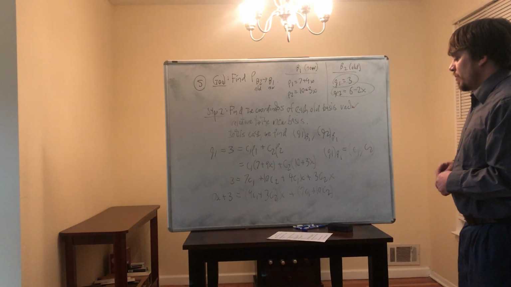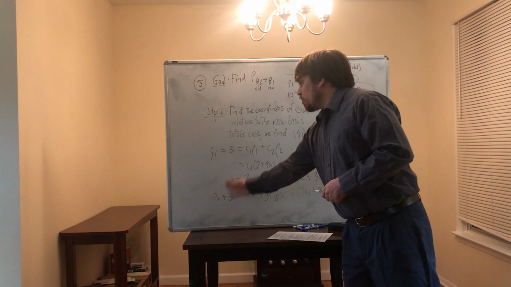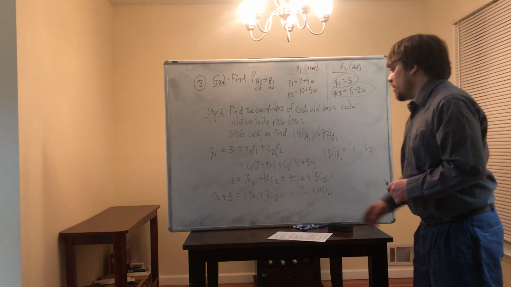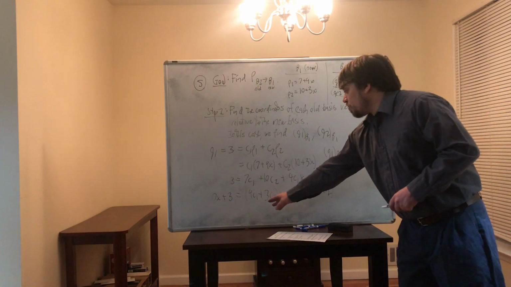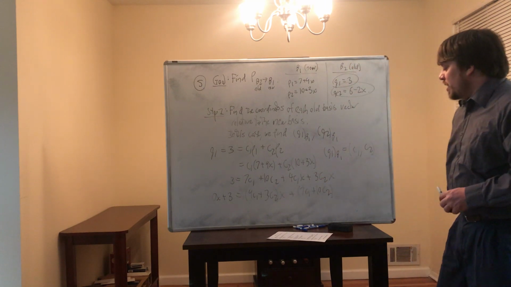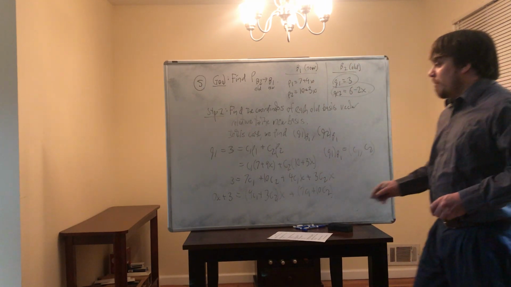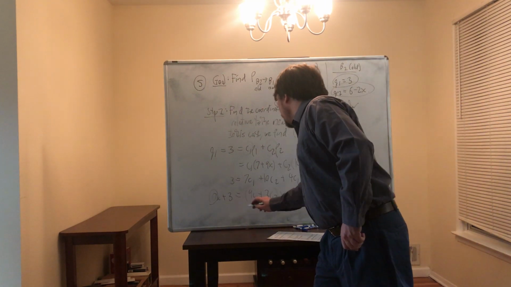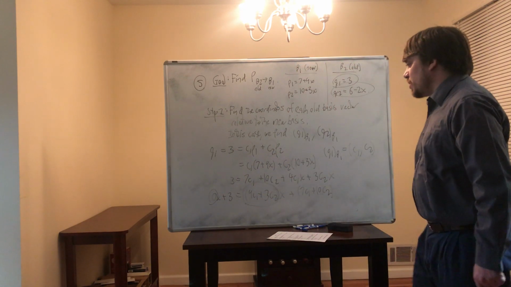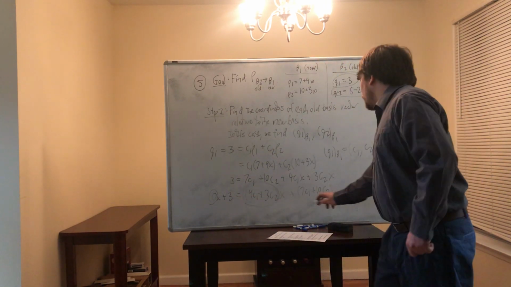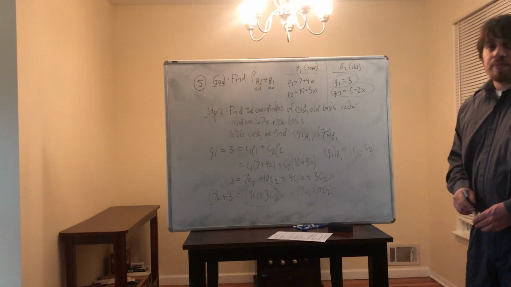So we're saying this polynomial 3, which is 0x plus 3, is equal to that. That means that 0 equals 4C1 plus 3C2, and 3 is equal to 7C1 plus 10C2.